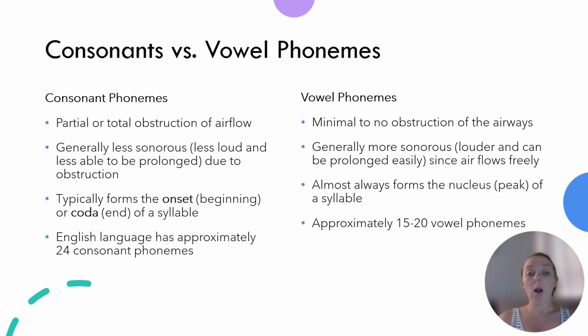And there are approximately 15 to 20 vowel phonemes, which can be a little confusing. A lot of people think vowels are A, E, I, O, U, which is 5. But if you think about it, each vowel makes multiple sounds. So there are approximately 15 to 20 vowel phonemes.